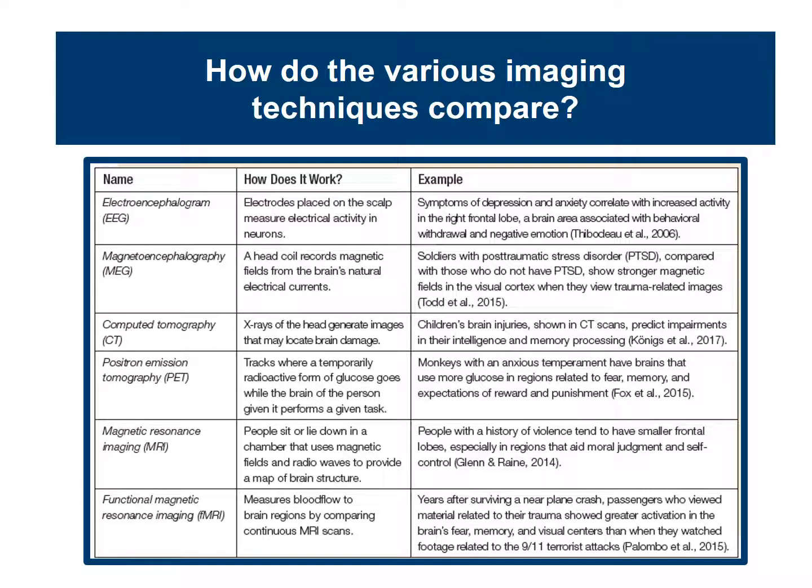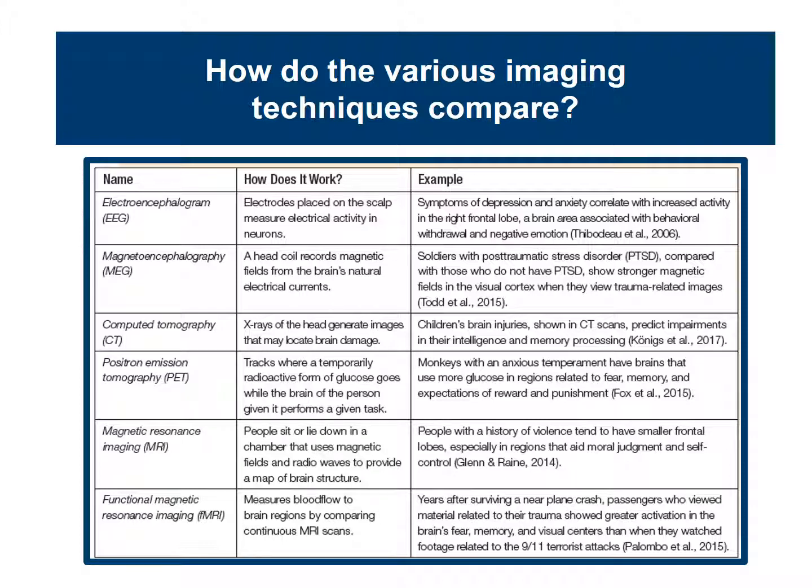PET scans, positron emission tomography: monkeys with an anxious temperament have brains that use more glucose in regions related to fear, memory, and expectations of reward and punishment. MRI: people with a history of violence tend to have smaller frontal lobes, especially in regions that aid moral judgment and self-control.